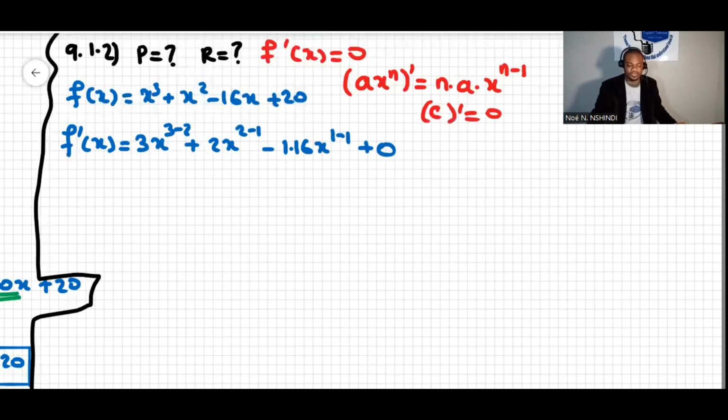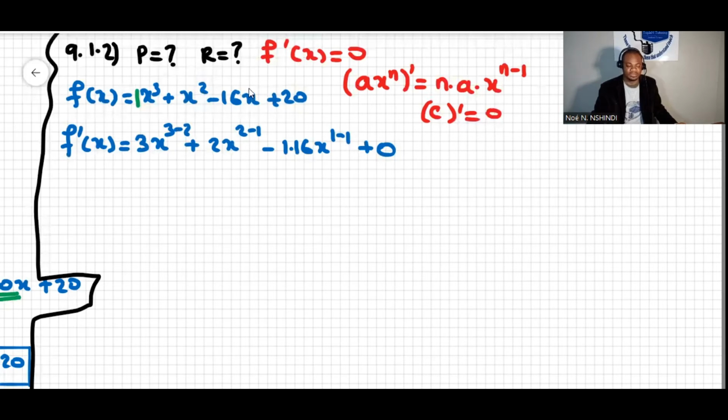Like over here, the coefficient of x cubed was 1. So a is 1 here, and n is 3. So it's going to be 3 times 1, just write 3, x to the power of 3 minus 1, so n minus 1. Same also here, the coefficient is 1 so I don't need to write it, so just 2x to the 2 minus 1.